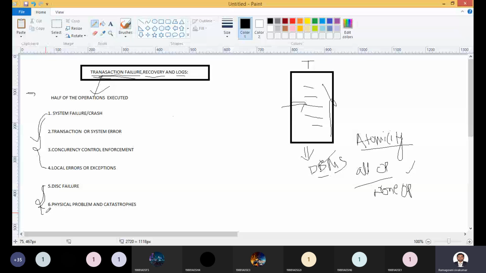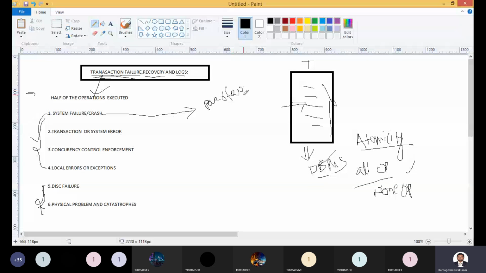So the system failure and crash. For example, how does this happen? Because of a power failure in the middle of a transaction, or a network failure while you are doing the transaction, or some internal errors.